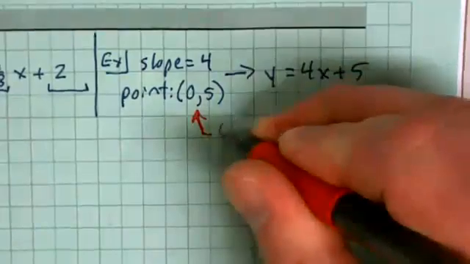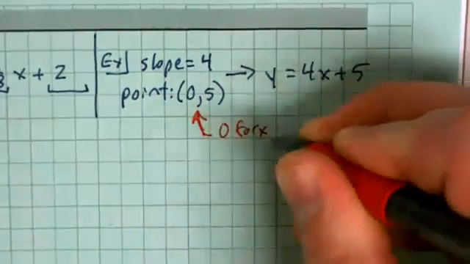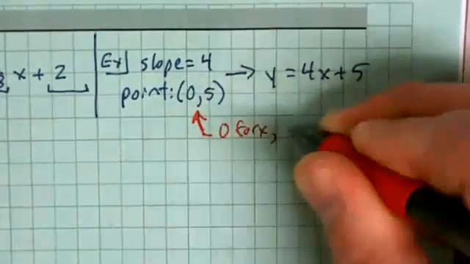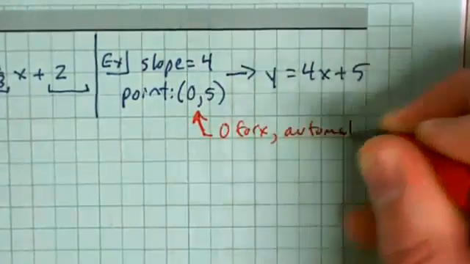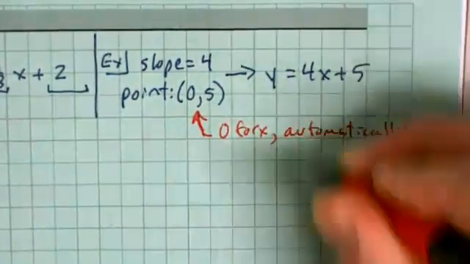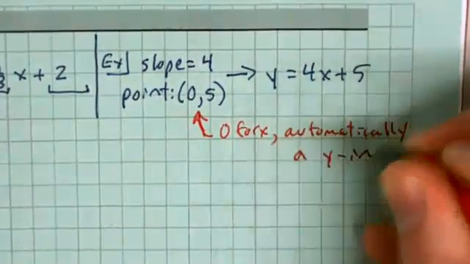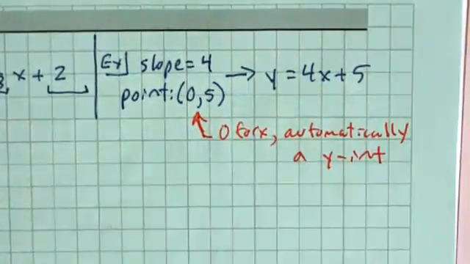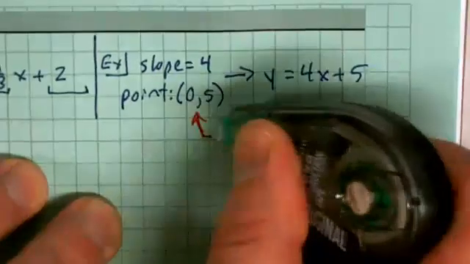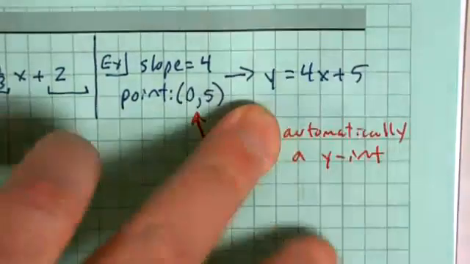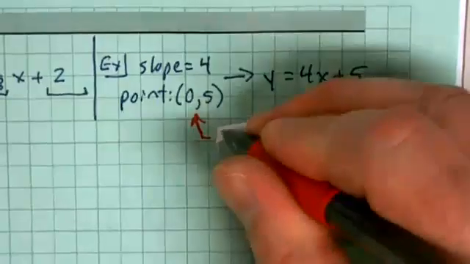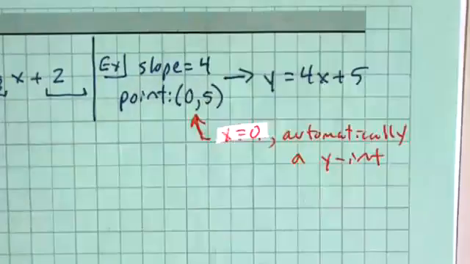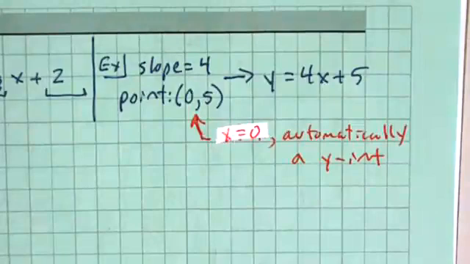So if it has a 0 for x, that means it's automatically a y-intercept. I'm going to change it just so it says x equals 0. Be a little neater and more mathy. X equals 0, and it's automatically a y-intercept.